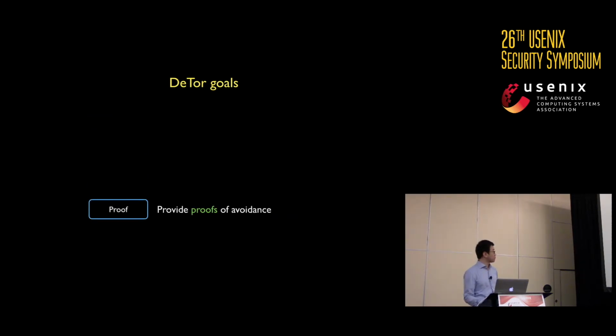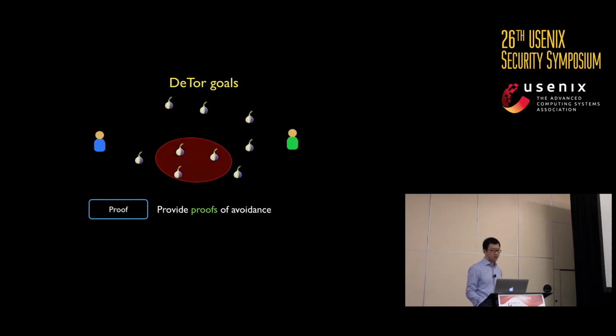At the same time, we want to obtain the proof of such avoidance. This is very important, since recall that in today's Tor implementation, there's an option for users that they can simply exclude a certain set of Tor nodes from a certain country or certain region or a certain ISP they want to avoid when they build a circuit.